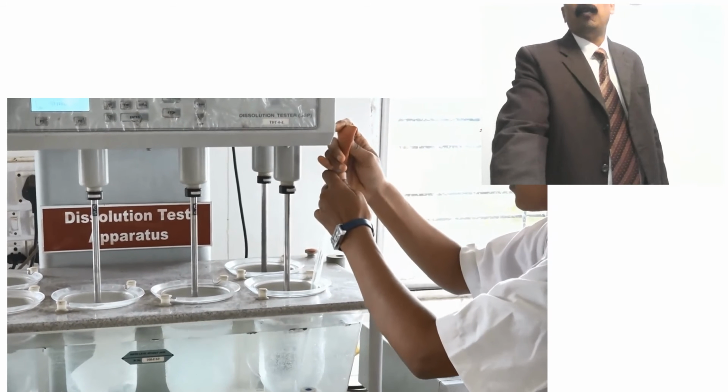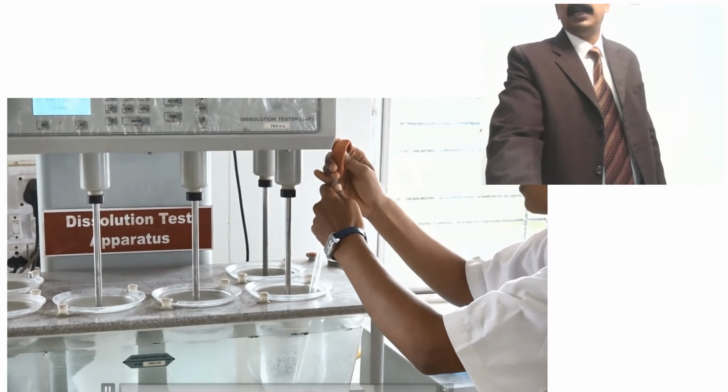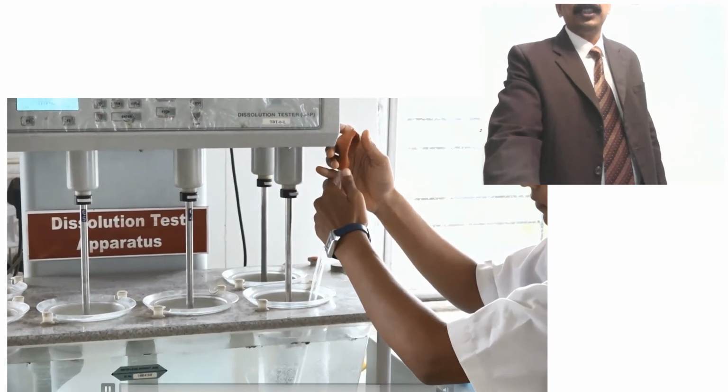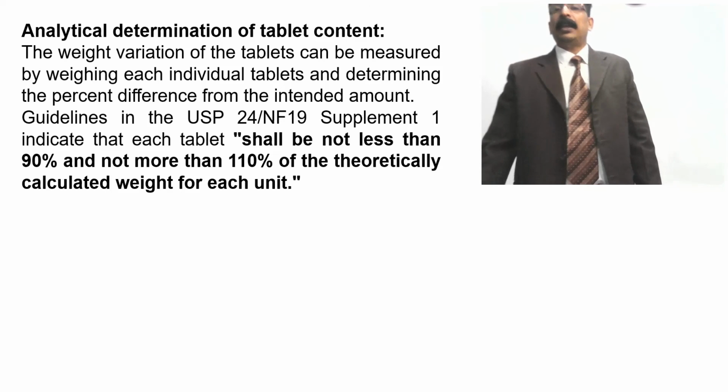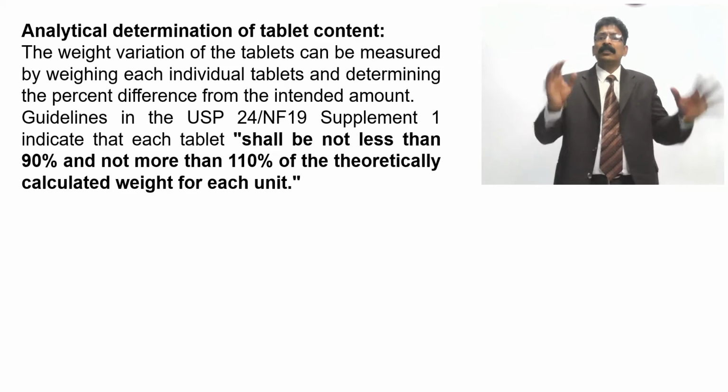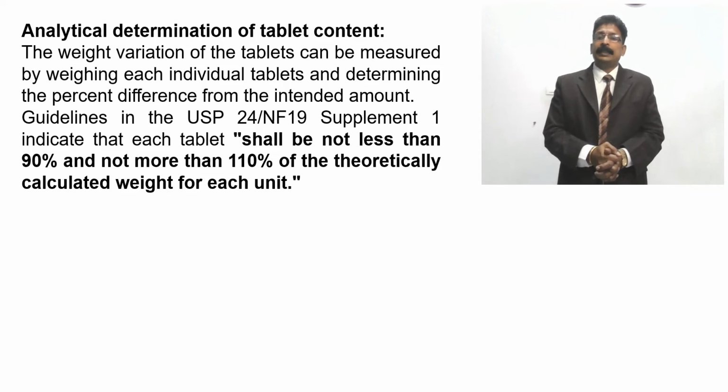Every 1 ml can be pipetted out and identified. So this is one technique of dissolution, and various analytical techniques of tablets can also be added. All these things should be incorporated in tablet manufacturing and standardization of herbal formulation.